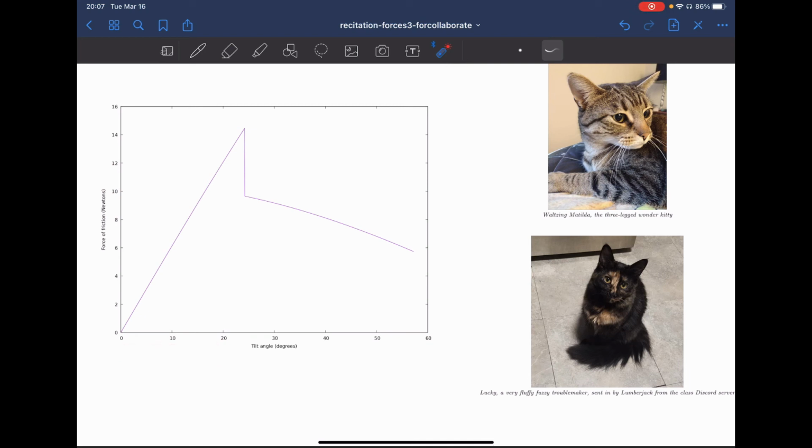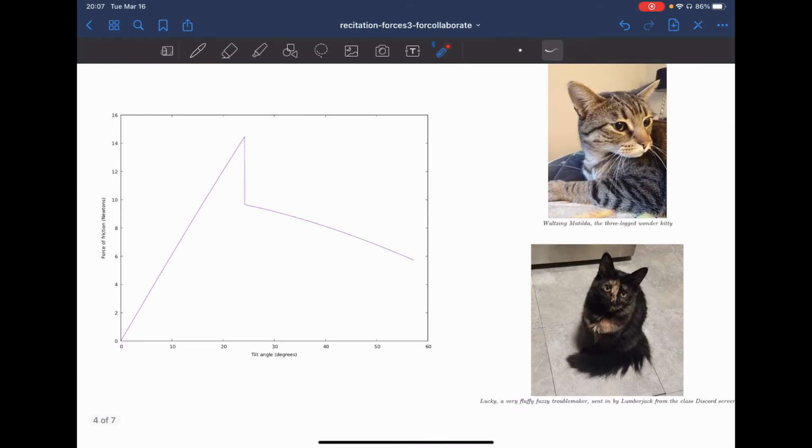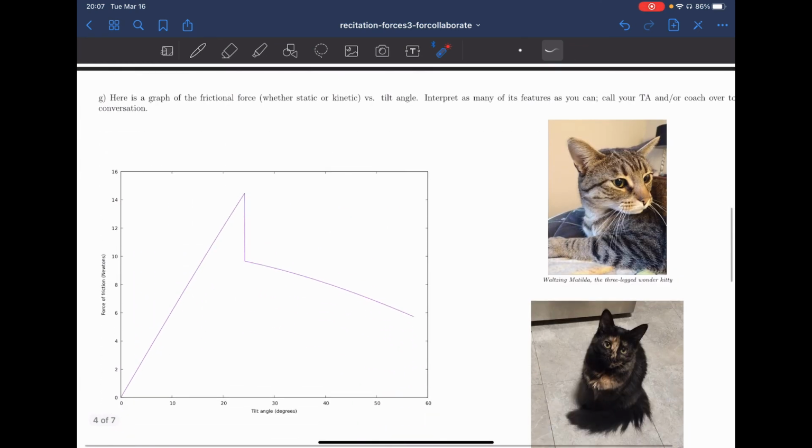our force of friction required to keep the cat stationary starts to increase up until the point where we reach our theta star, the point where the cat slips, which we found earlier. And at that point, we switch from static friction to kinetic friction.